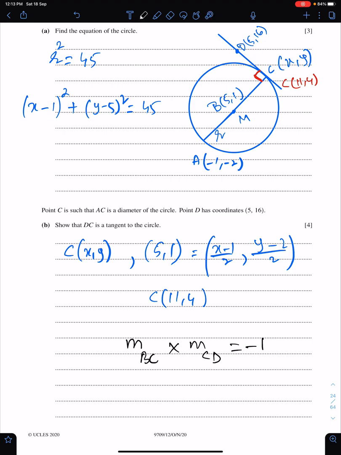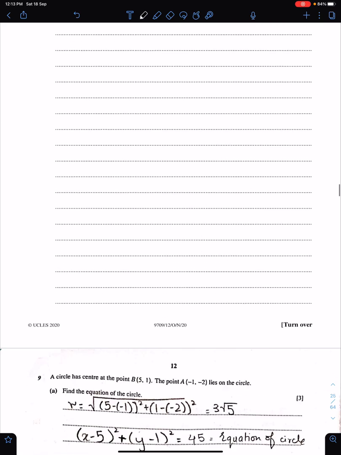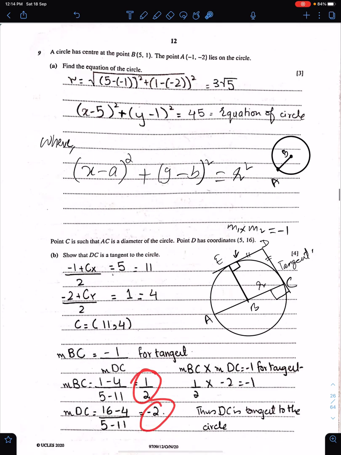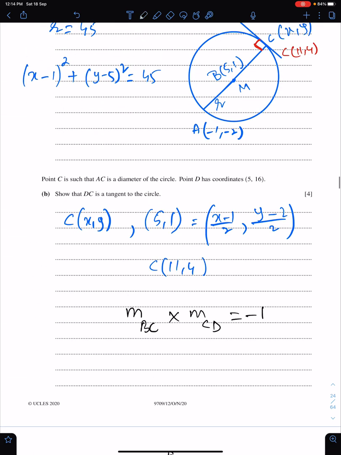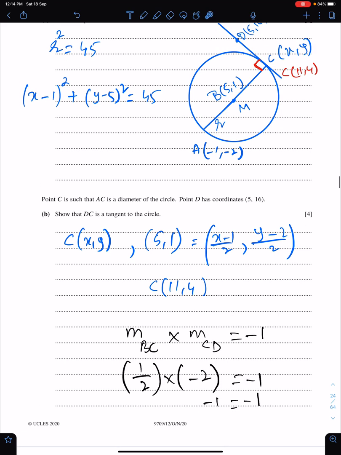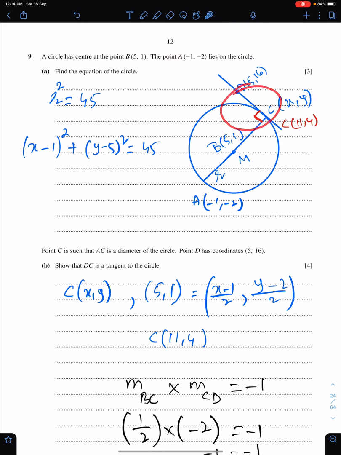So the gradient of BC is half, whereas the gradient of DC is -2. So this is half and this is -2, hence shown that this line is tangent. CD is tangent to the circle.